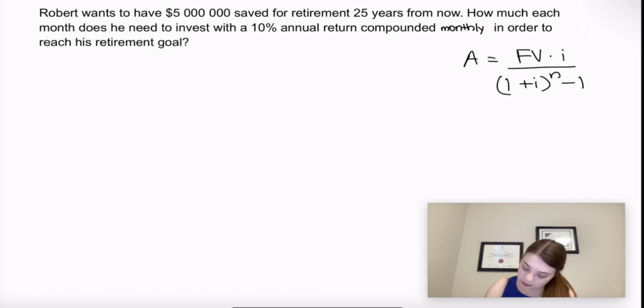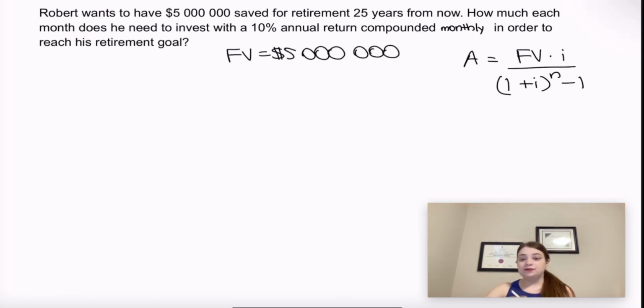So future value would be $5 million, because that is how much money Robert would like to have 25 years from now. So that's our ideal future value for him to have 25 years from today. Then we have i, which is our interest rate. That interest rate is going to be equal to 10%, so 0.1 over 12, because keep in mind that's an annual interest rate, and this is being compounded monthly.